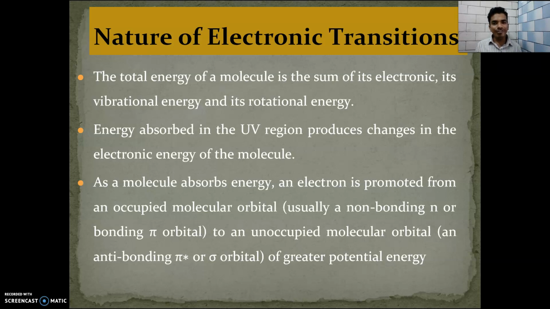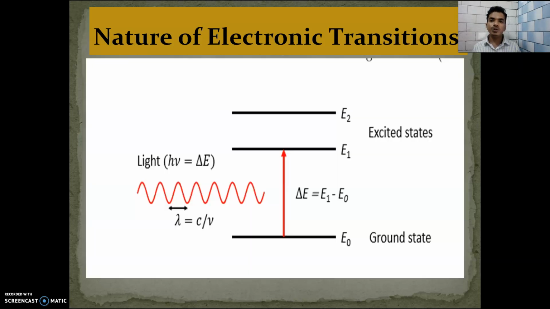Whatever the energy of UV radiation absorbed by the matter, it produces electronic changes in it: from ground state to excited state, for example n to pi star. The ground state is 0, and E1 is the excited state energy, so ΔE = E1 − E2.